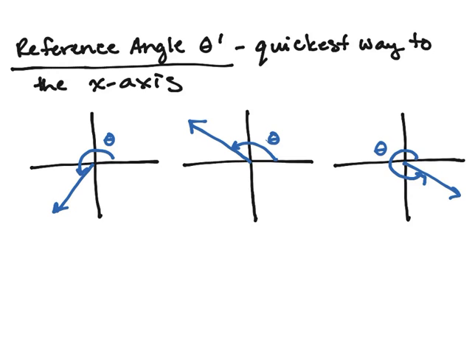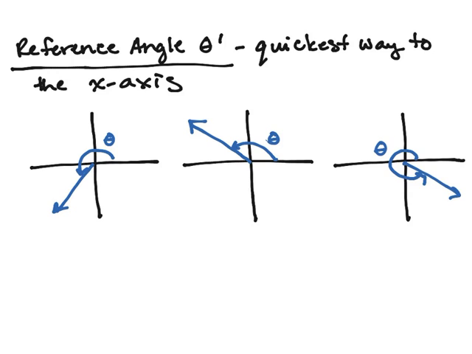Okay, so if I give you a terminal side that gives an angle theta, right? It's in standard position, starts at the x-axis, goes to the terminal side. The reference angle that goes with it, the one that allows me to evaluate the trig functions, is the angle that is the closest from the terminal side to the x-axis.